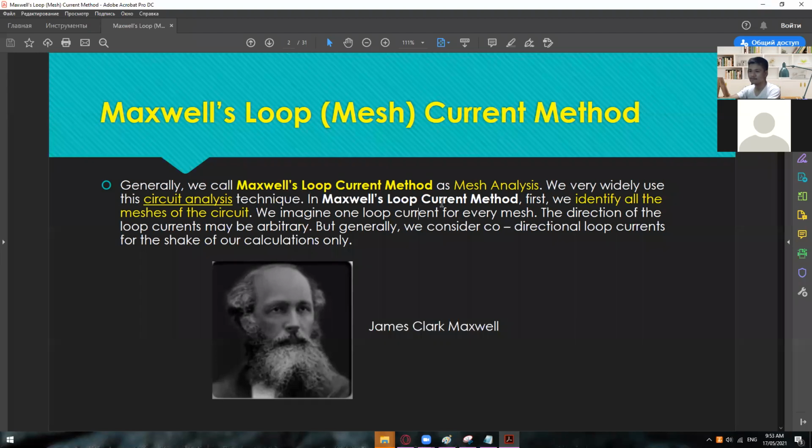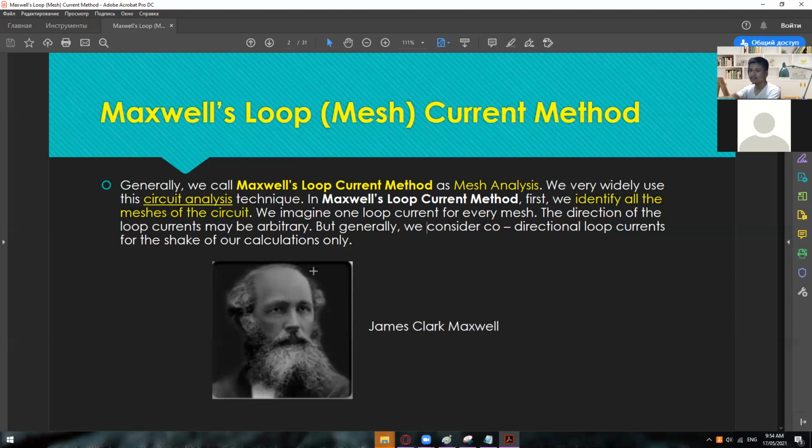But in here, it's quite the same, but it doesn't deal with loops just like what we had a while ago. What we're dealing with when it comes to Maxwell is meshes only. So the very first step that you need to do is identify all the meshes of the circuit.